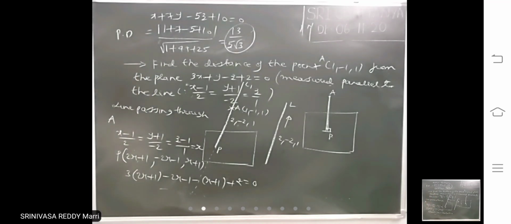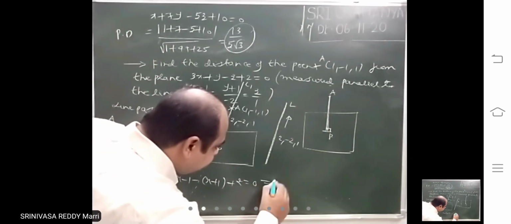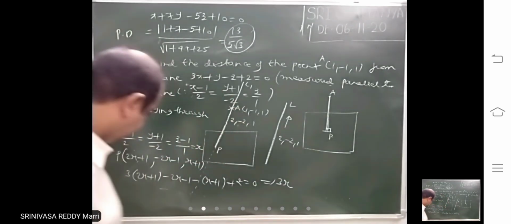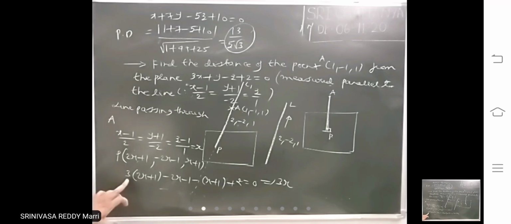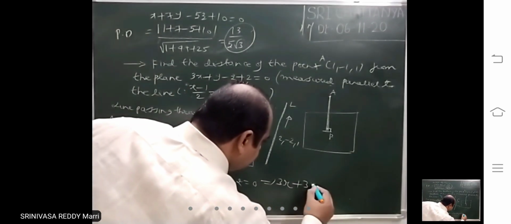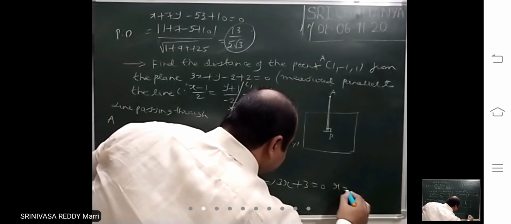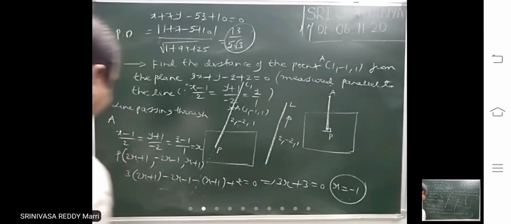We will calculate the P point first. What will you get here? 6R minus 2R minus R, that implies 3R. Then 3 minus 2 plus 2 cancel, so you will get 3 equal to 0... that means R equal to minus 1.